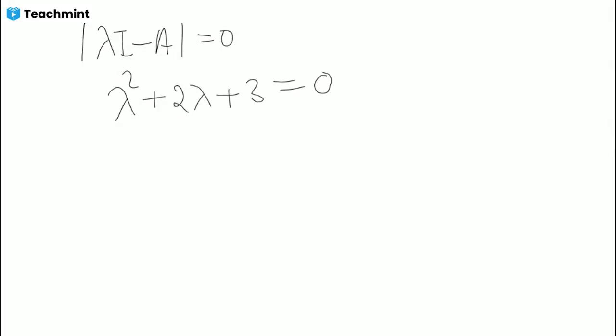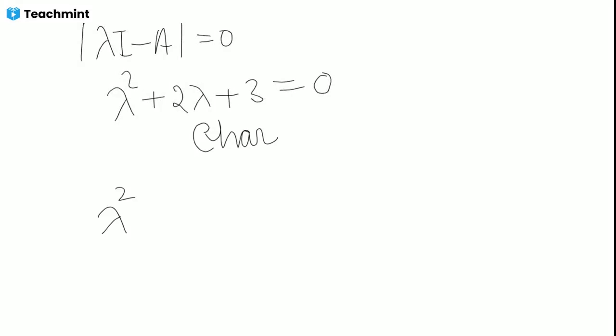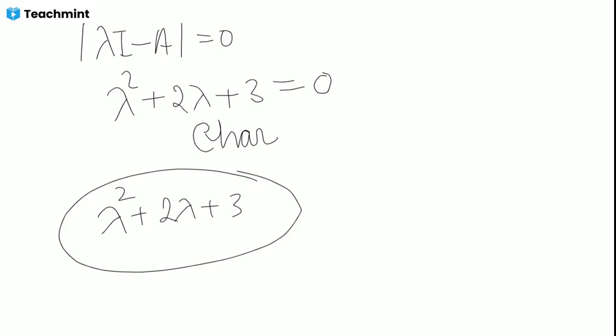If the determinant of the matrix of this equation is equal to 0, that means this particular equation is a characteristic equation. And this left hand part of this equation is called the characteristic polynomial.